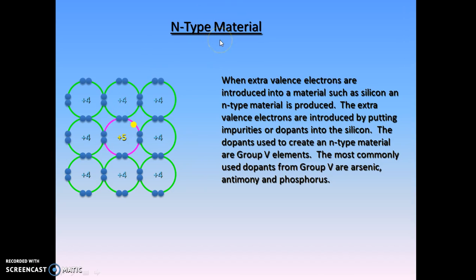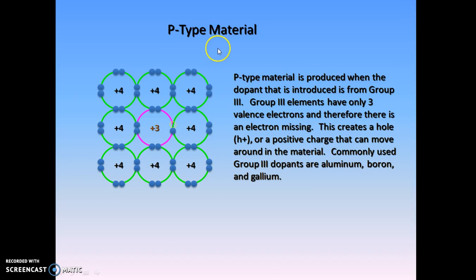Okay, now P-type material. In the P-type semiconductor, holes are the majority carrier. Similarly, here we use an impurity of a group 3 element. We know that group 3 elements have 3 valence electrons, so there is an electron missing, and this creates a hole or a positive charge that can move around in the material.